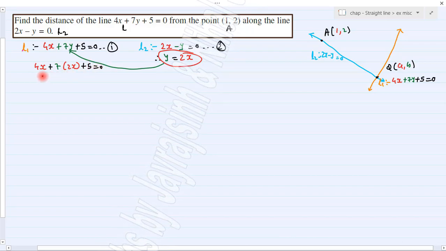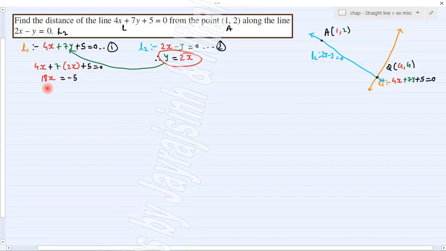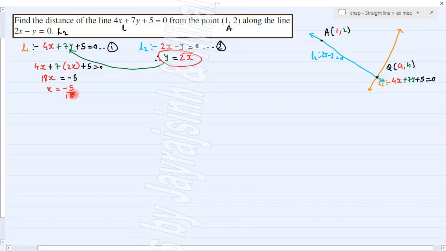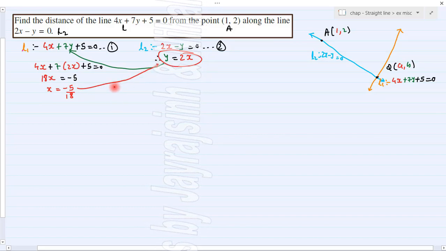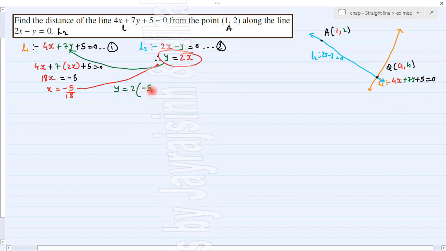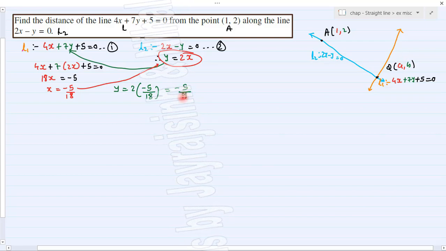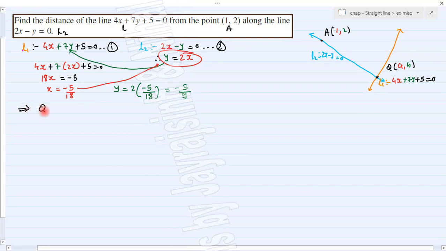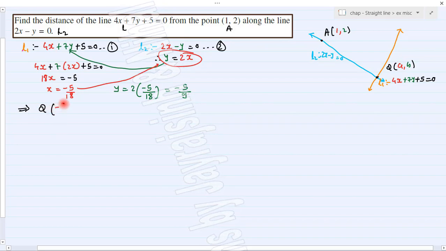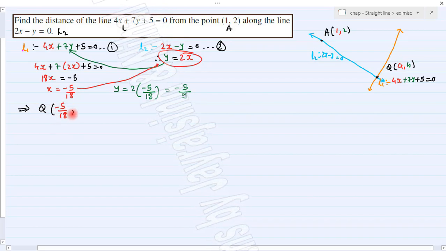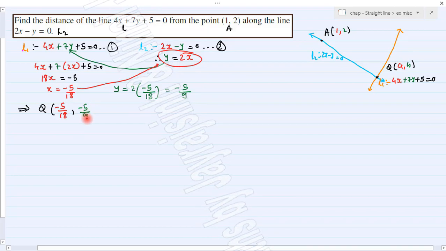Or we can say we will get 18x is equal to minus 5, which will give us x is equal to minus 5 by 18. Now we have to substitute this value of x in the equation of y, which is given by 2x, or we can say 2 times minus 5 by 18 will give us minus 5 by 9. So here we get the coordinates of Q, which are minus 5 by 18 and minus 5 by 9.